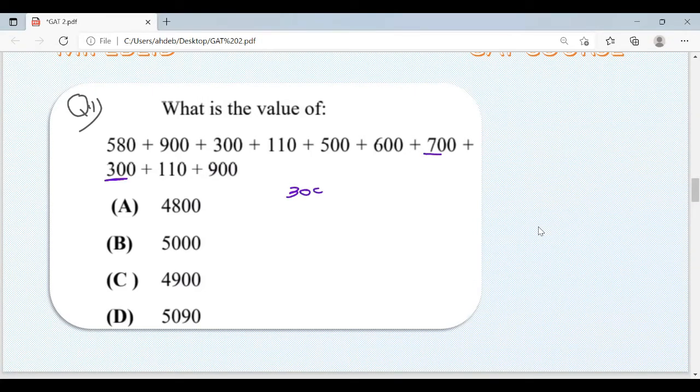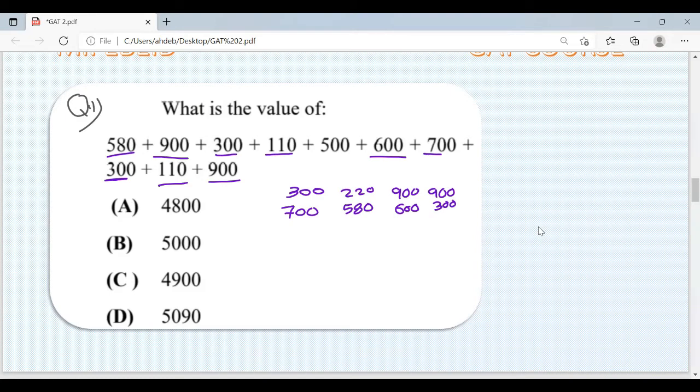Also we have 110 plus 110 equals 220, plus 580. Then 900 plus 600, and also we have 900 and 300, and the last one is 500.